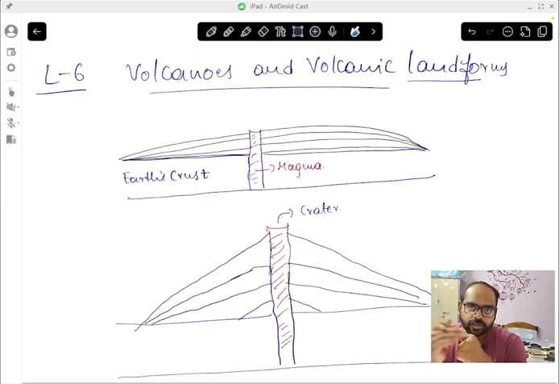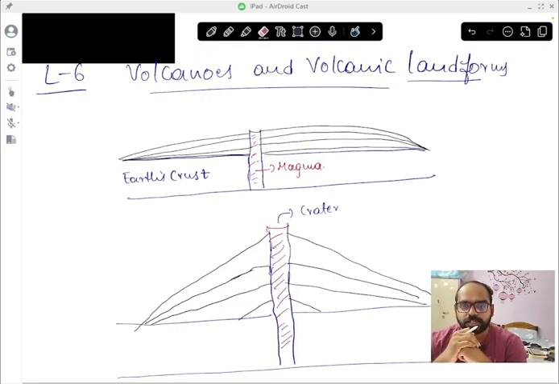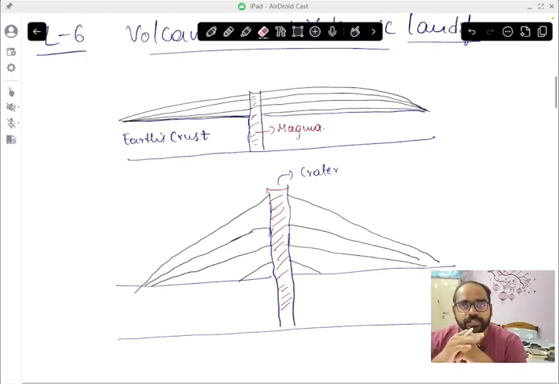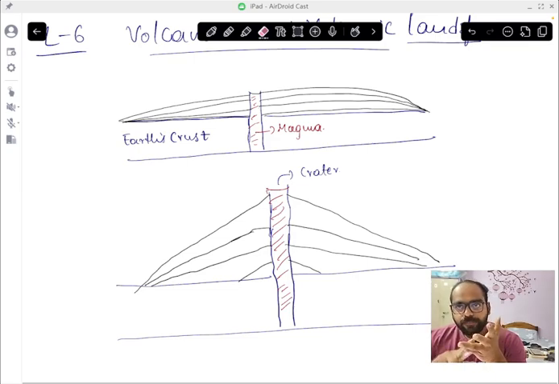During an eruption, lava, pyroclastic debris, ashes, and gases come out, and these gases mainly contain nitrogen and sulfur compounds.